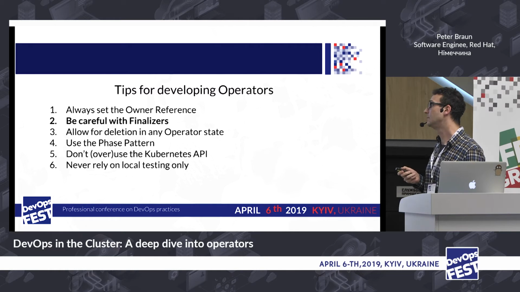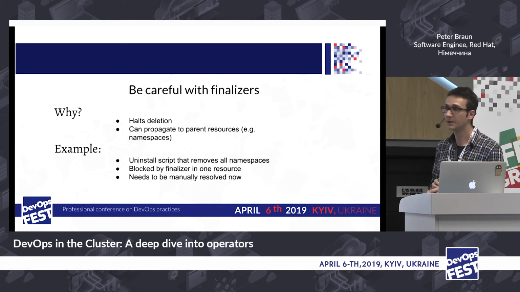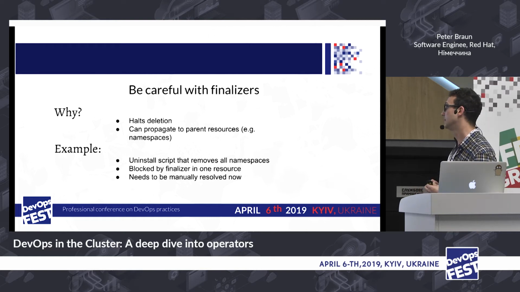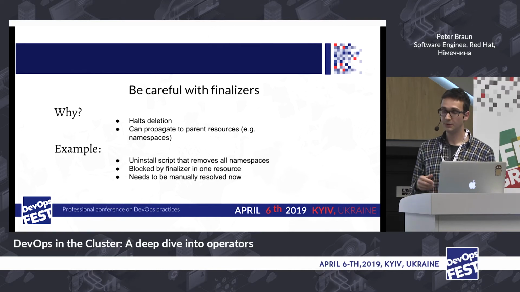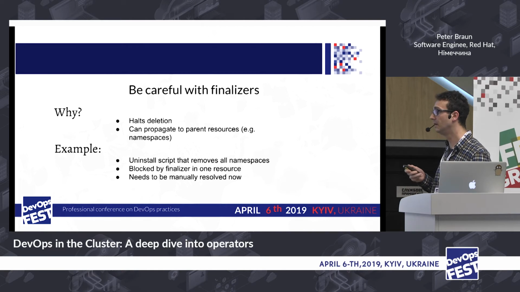The next one is: be careful with finalizers. It's somewhat similar. The problem with finalizers is that they halt deletion. That's what they should do. This can also propagate to parent resources, even to namespaces. So it's possible that you try to delete a namespace, but it won't do anything because there is some resource in that namespace with an unresolved finalizer, and it blocks your whole deletion.